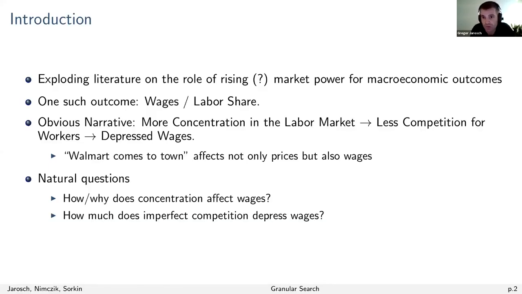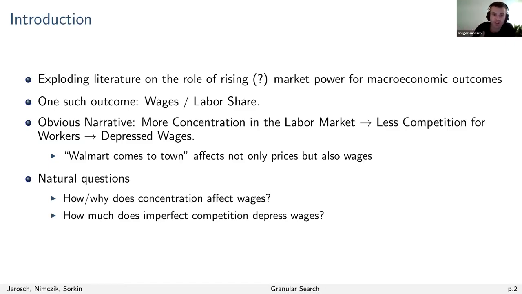And if one input is labor, it might depress wages. The narrative is fairly obvious. If for whatever reason you have more and more concentration in a local labor market, that effectively means there's less competition between employers for workers, and that might depress wages.